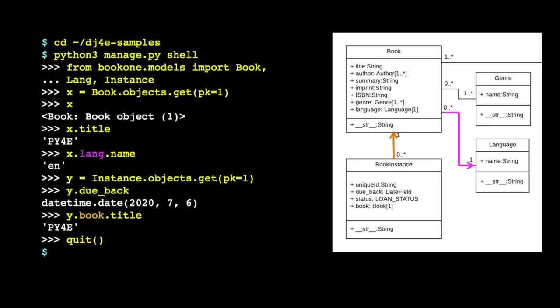Book.objects, and then get is like, which one do you want? Get pk equals 1. Pk means primary key. I think it would make more sense if we called this ID, but ID as the name of the primary key column is really just a convention that's done 98% of the time. It's not required, but it's so common that it might as well be. But pk really means primary key, which 9 out of 10 times is the column ID.